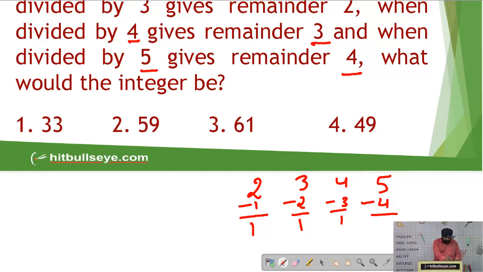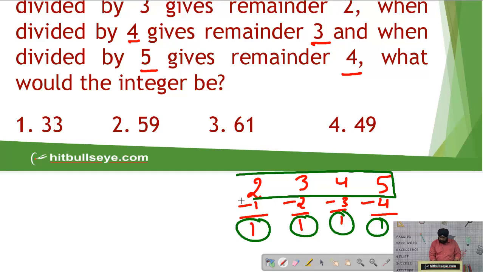You can see the common difference is 1. So you know the basic methodology of solving this question. You simply take the LCM of 2, 3, 4, 5, which is 60, minus 1, that is 59, is the answer. So a very simple question of LCM. Now we move on to the next question.